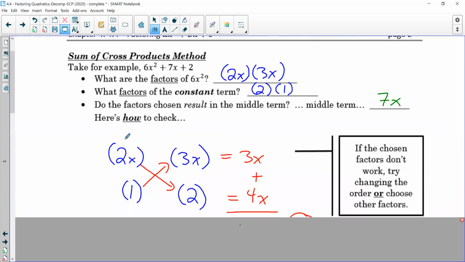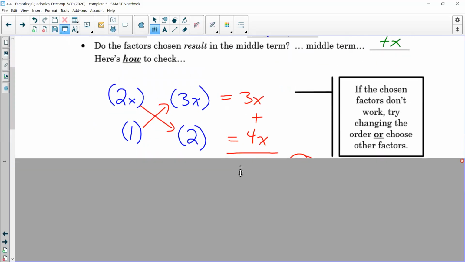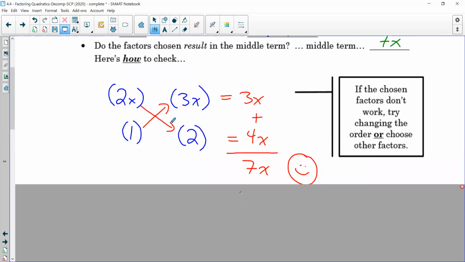So you line up the first two factors together, or this is one way to do it, I should say, 2x and 3x, and you cross them up. So notice how there is a cross going on here. So the 2x and 2 are multiplied together to get a 4x.